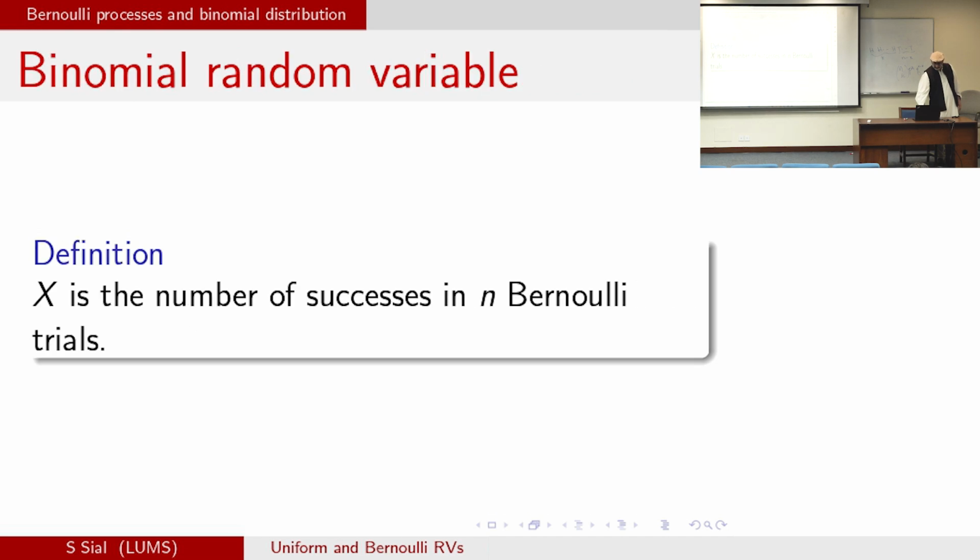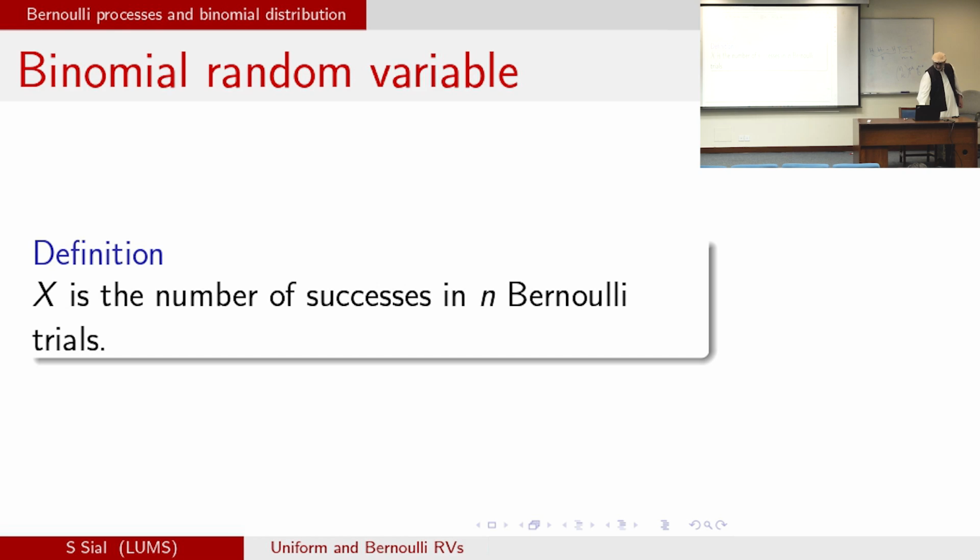Okay? So, if you're keeping track of the number of successes, the random variable we're interested in, we were interested in the number of H's, for example. That random variable we call X, that's the one that we're interested in.